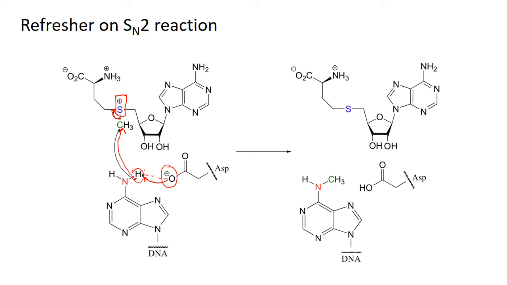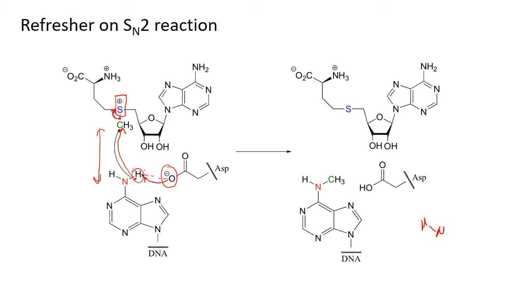And given that carbon and sulfur have the same electronegativity, it's the steric effects that play a role. By steric effect, I mean this attack right here, this reaction right here. Let's write it down here. It kind of looks like this.